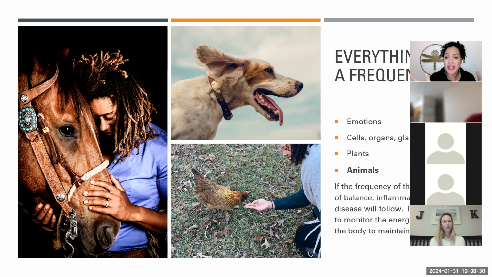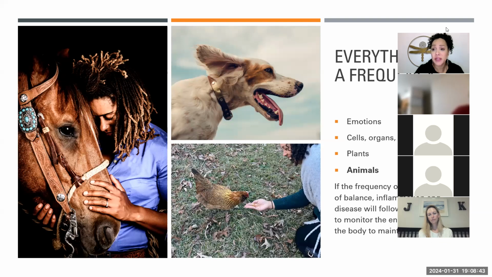Because everything has a frequency, that includes emotions, which actually stand for energy in motion. All of our cells and organs and glands and muscles all have a specific frequency. Plants have a frequency, semi-precious stones. And today we're talking about animals. They are living things. They have cells, organs, muscles, and tissues as well.